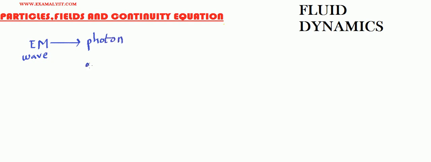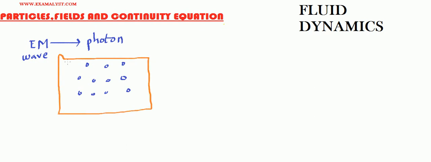It means if you have a collection of large number of photons, then this particular collection starts behaving like some kind of wave, and when it starts behaving as some kind of wave, then at each point you can represent this collection as a field variable, which is electromagnetic field E of x and t, or in 3D it will become E of x, y, z and t.